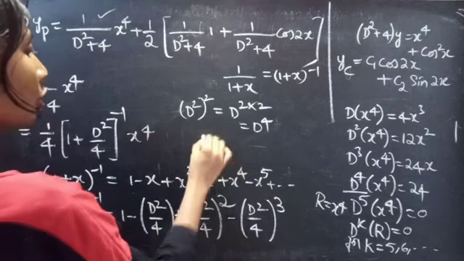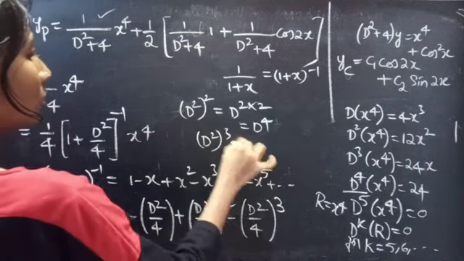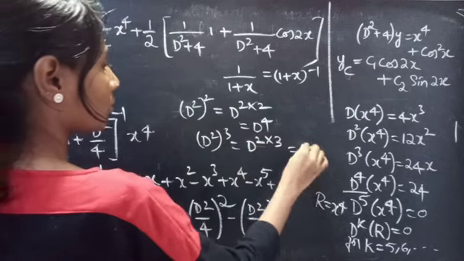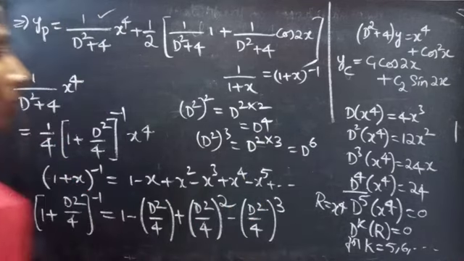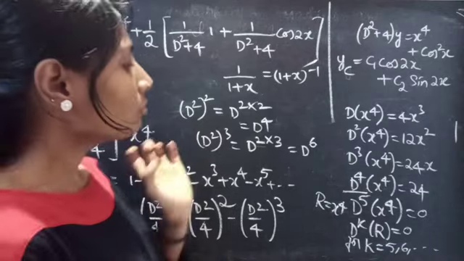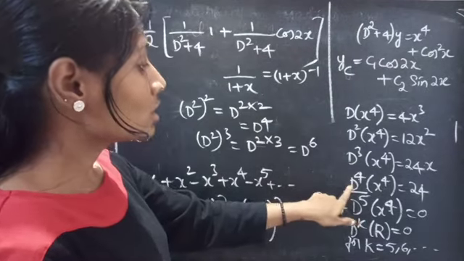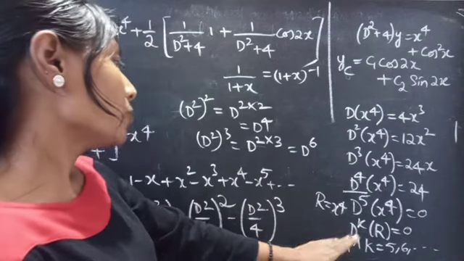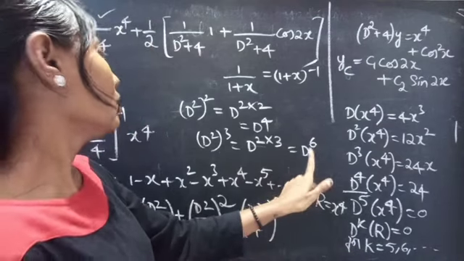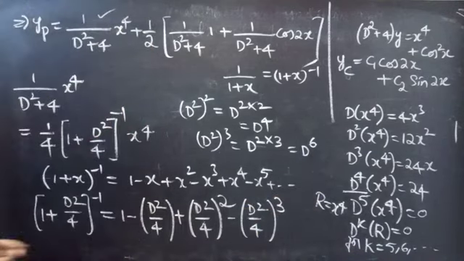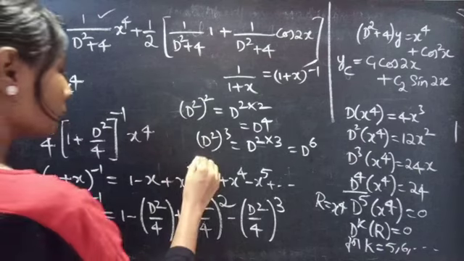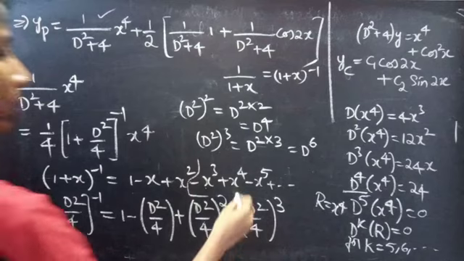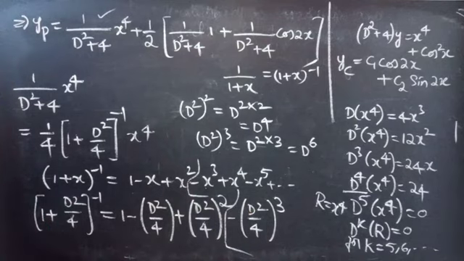(D square) whole cube is D square into 3, which is D power 6, right? But we have derivatives value still D power 4. From here after you'll get zeros, right? Which means that you can neglect terms from D power 6, or you can neglect terms from minus x cube, because we are getting higher derivatives from here, right?